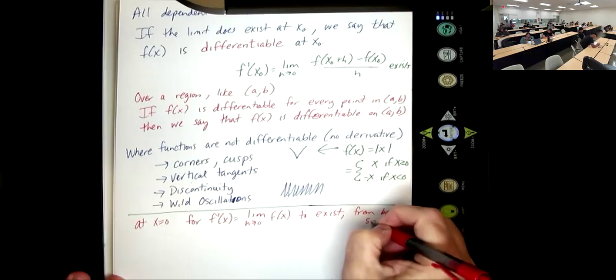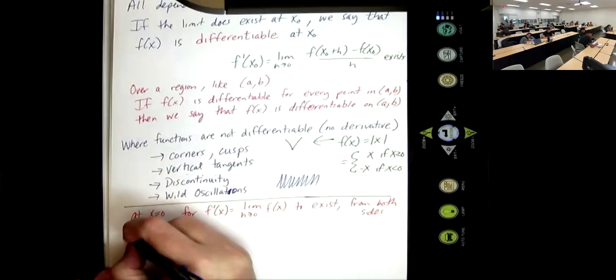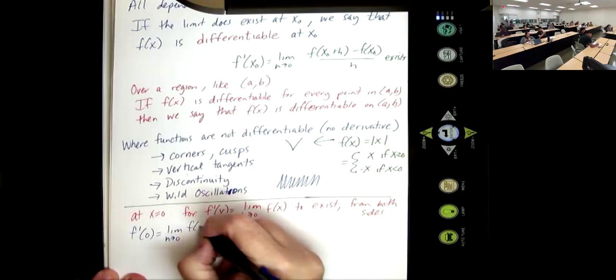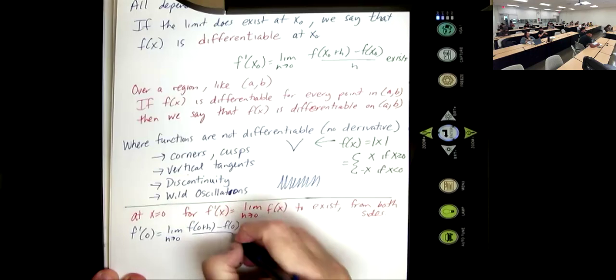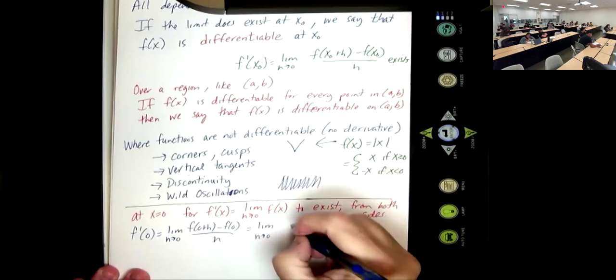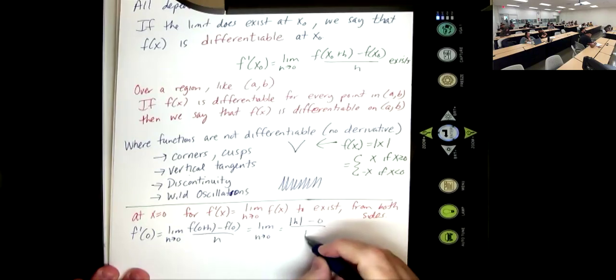Remember that? So I've got f prime of 0 equals the limit as h goes to 0 of f of 0 plus h minus f of 0 over h, which is absolute value of h minus 0 over h.